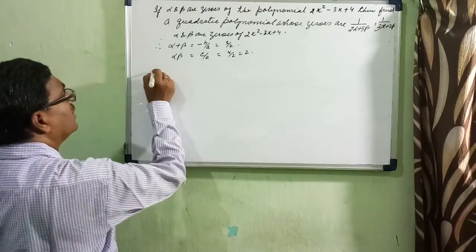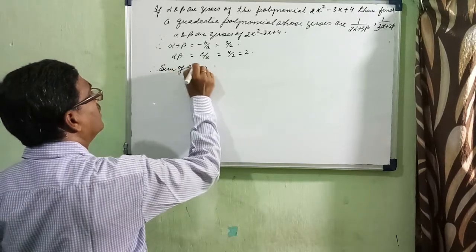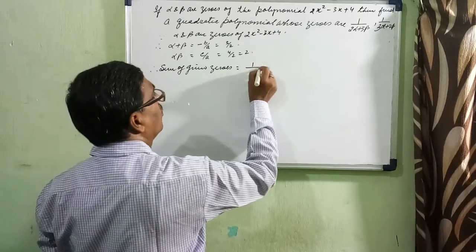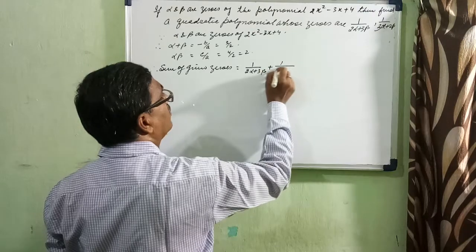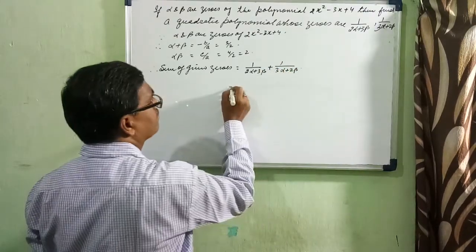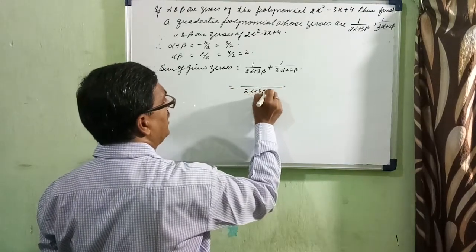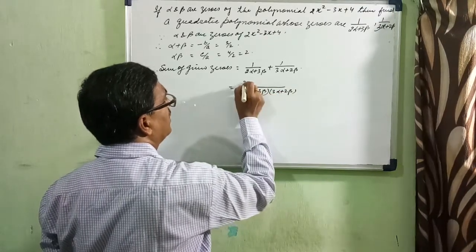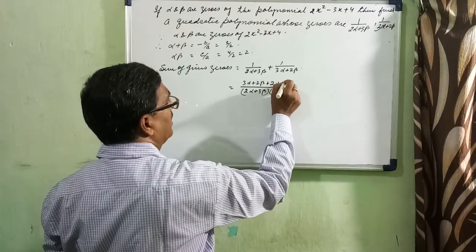So therefore, sum of given zeros is equal to 1 by 2 alpha plus 3 beta plus 1 by 3 alpha plus 2 beta. That is, 3 alpha plus 2 beta plus 2 alpha plus 3 beta.